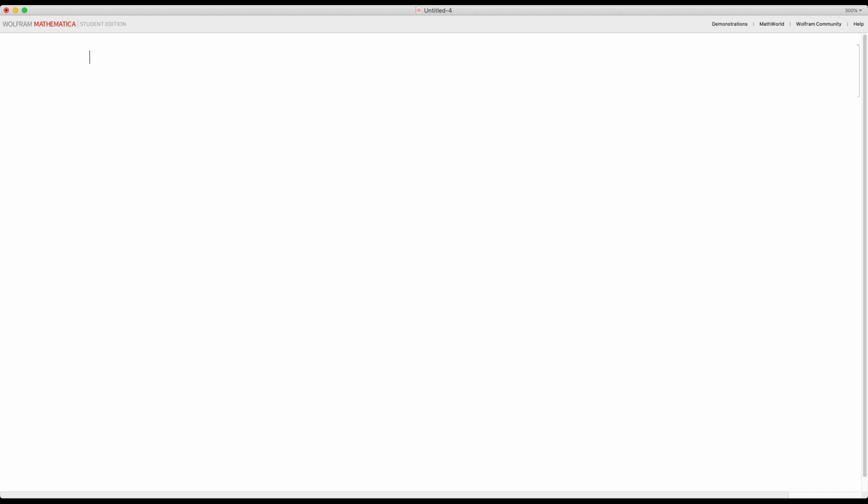I'm going to define a function to be the sum of -1 to the k plus 1, times 1 over k, where k ranges from 1 to n, where n is a variable.